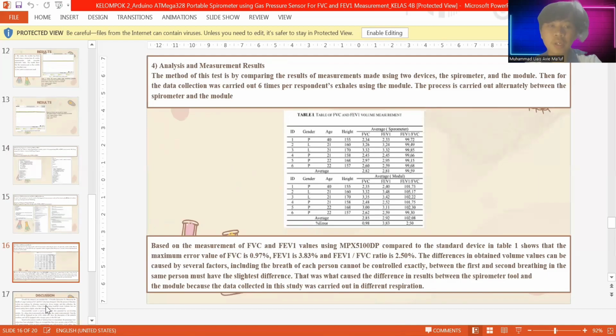Number four, analysis and measurement result. The method of the test is comparing the result of measurement using two devices, the spirometer and the data collection module. We carried out 6 measurements per respondent using the module.